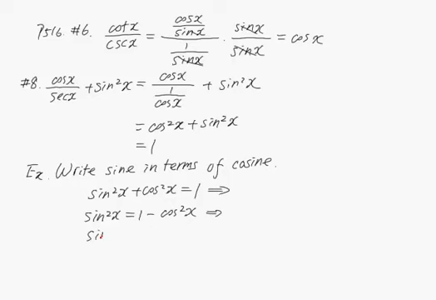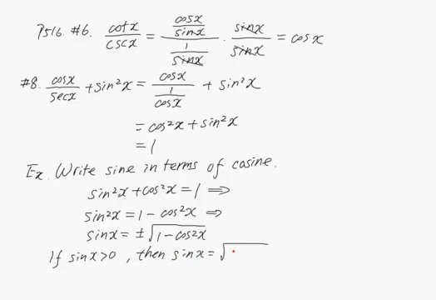Then you get sine x equal to plus minus the square root of 1 minus the cosine square x. And this plus minus symbol means if sine x is positive, then the identity is sine x equal to the positive square root of 1 minus the cosine square x.